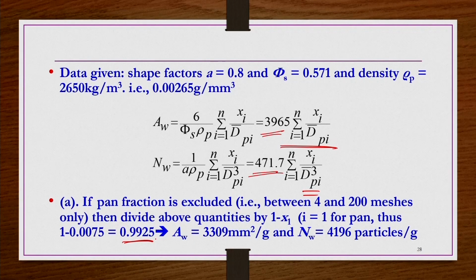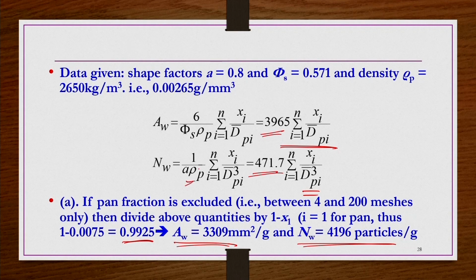If you divide these numbers by 0.9925, you will get the true numbers: AW is 3309 mm square per gram and NW is 4196 particles per gram.